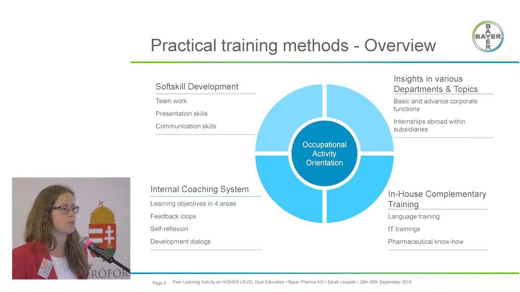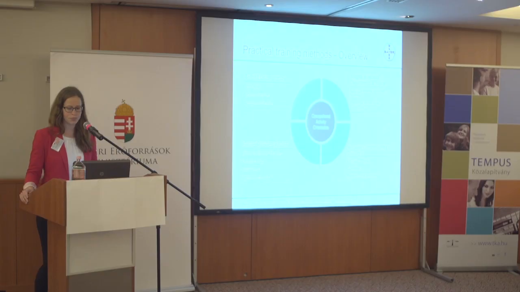So we start with basic functions, for instance logistics, as shown in the last slide, and later we go into advanced corporate functions such as finance. Also, we do internships abroad. Those take place in the 4th or 5th semester of their studies, and they go to one of our subsidiaries abroad. Those can be in Europe, but also around the globe, for instance in China, in the US, but also in Australia.